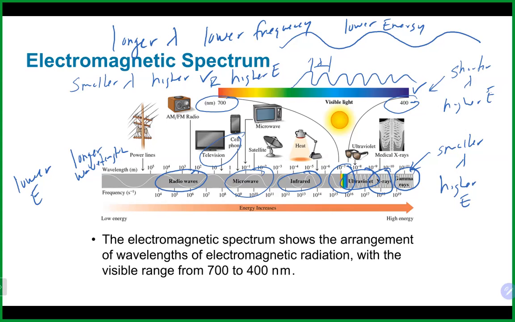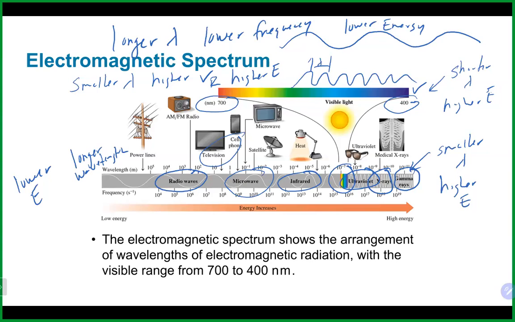So the electromagnetic spectrum, in relation to what we're going to talk about in this chapter, is really about the electrons as they're transitioning. Again, they're going to give off energy, depending on where that wavelength falls. When an electron goes from a lower energy level to a higher energy level, the atom needs to gain energy to do that, absorb energy.